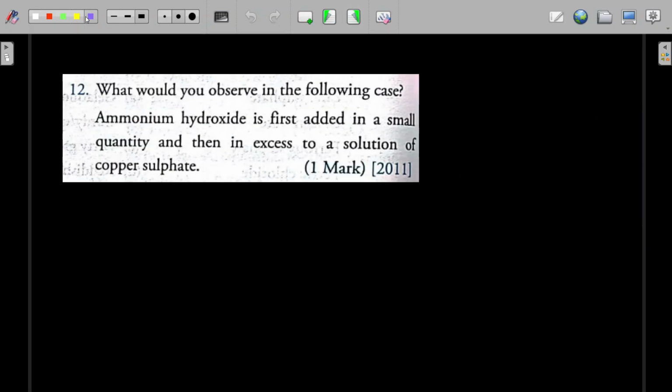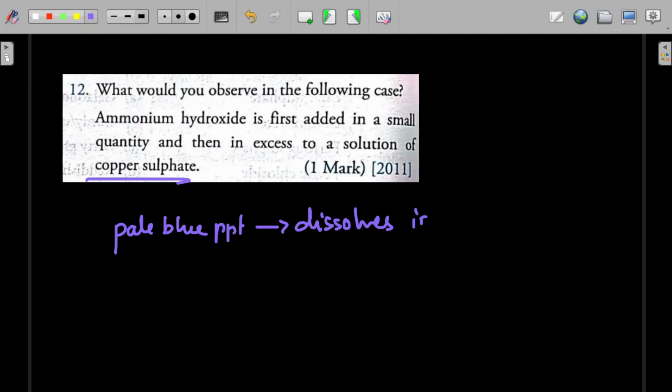What would you observe in the following case? Copper sulfate. Rishi, tell me. When ammonium hydroxide is added to copper sulfate, it gives a pale blue precipitate, which in excess dissolves and becomes an inky blue solution.